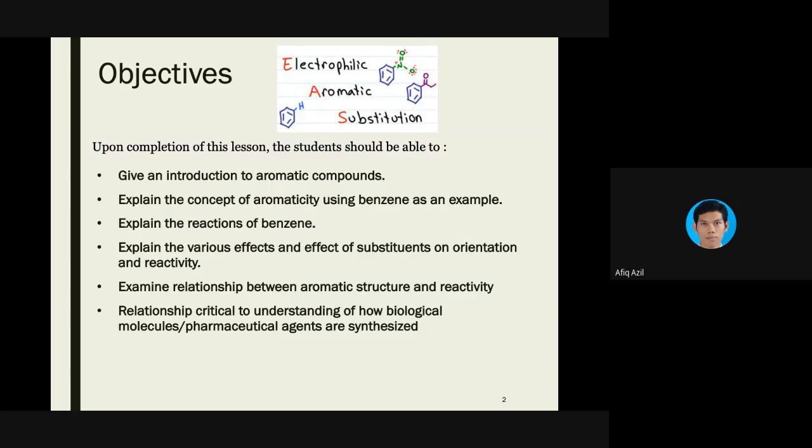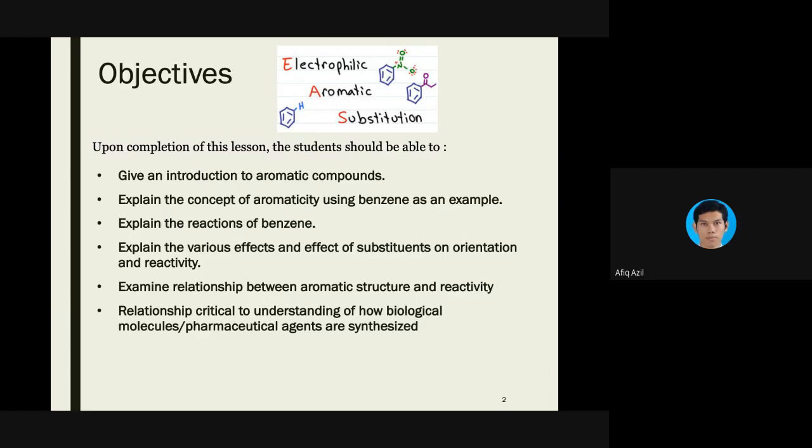Benzene is one of the simplest examples of an aromatic compound, and it is widely used in a lot of our daily compounds, whether in pharmaceuticals or in other materials like plastics.